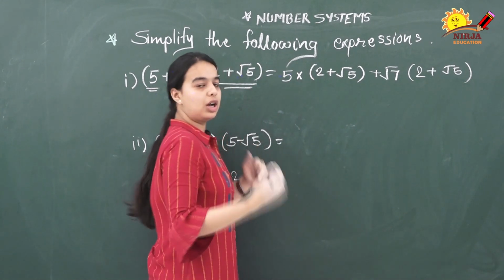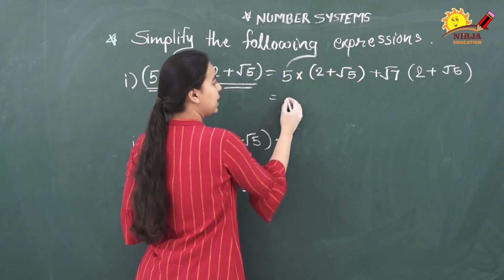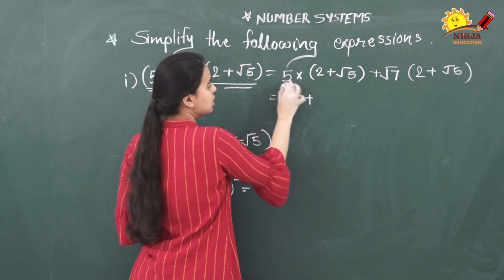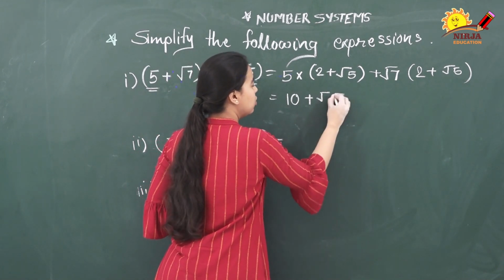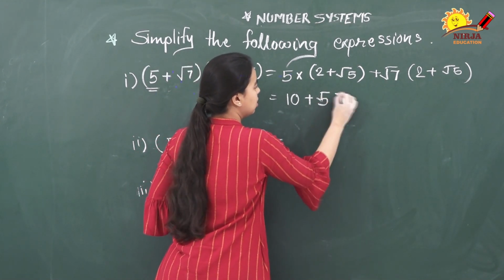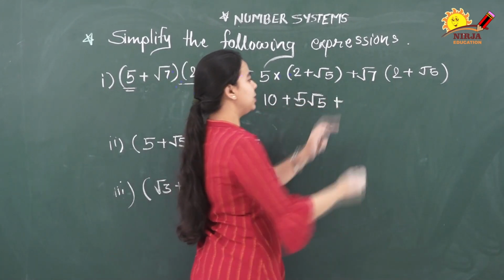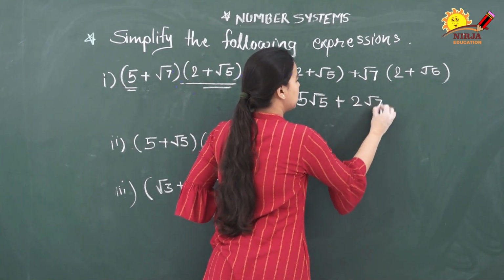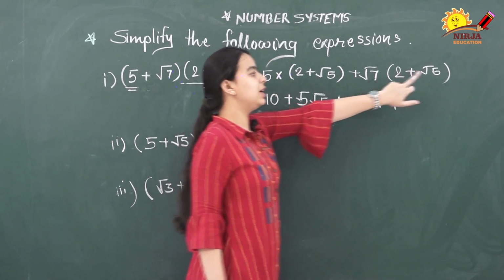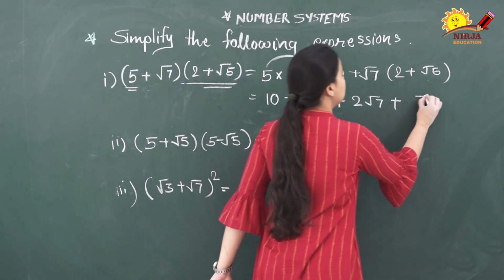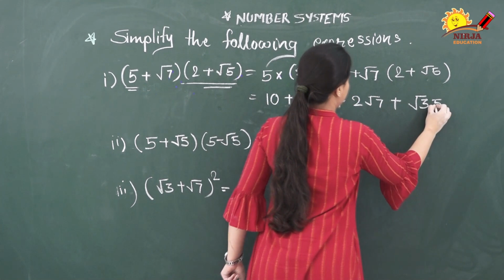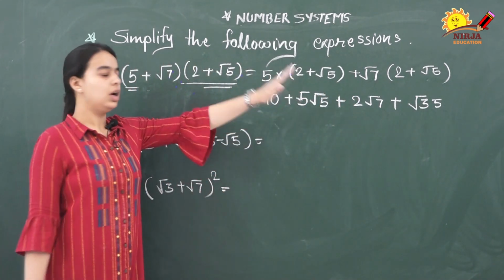If we solve it further, 5 times 2 is 10, plus 5√5, plus 2√7, plus √7 times √5, which will be √35. So this is it.